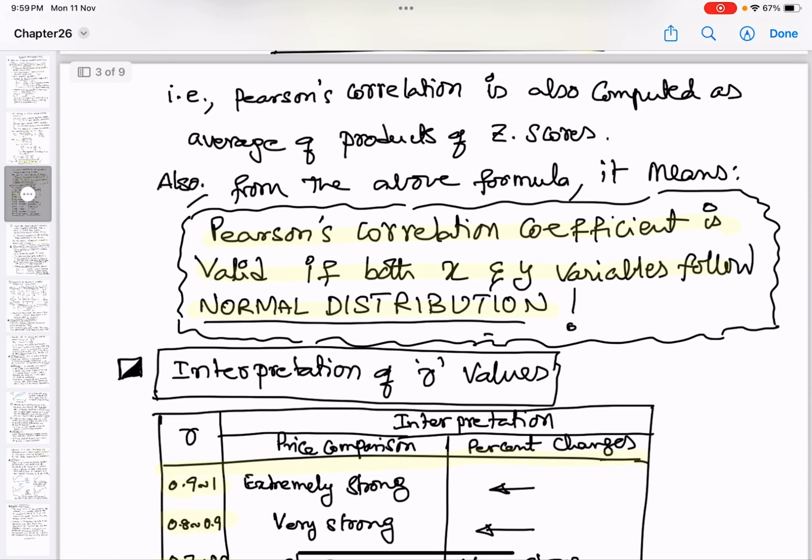So Pearson's correlation is also computed as the average of products of z scores. From the above formula, it means Pearson's correlation coefficient is valid if both x and y variables follow normal distribution. This is very important because you need it to be following normal distribution.